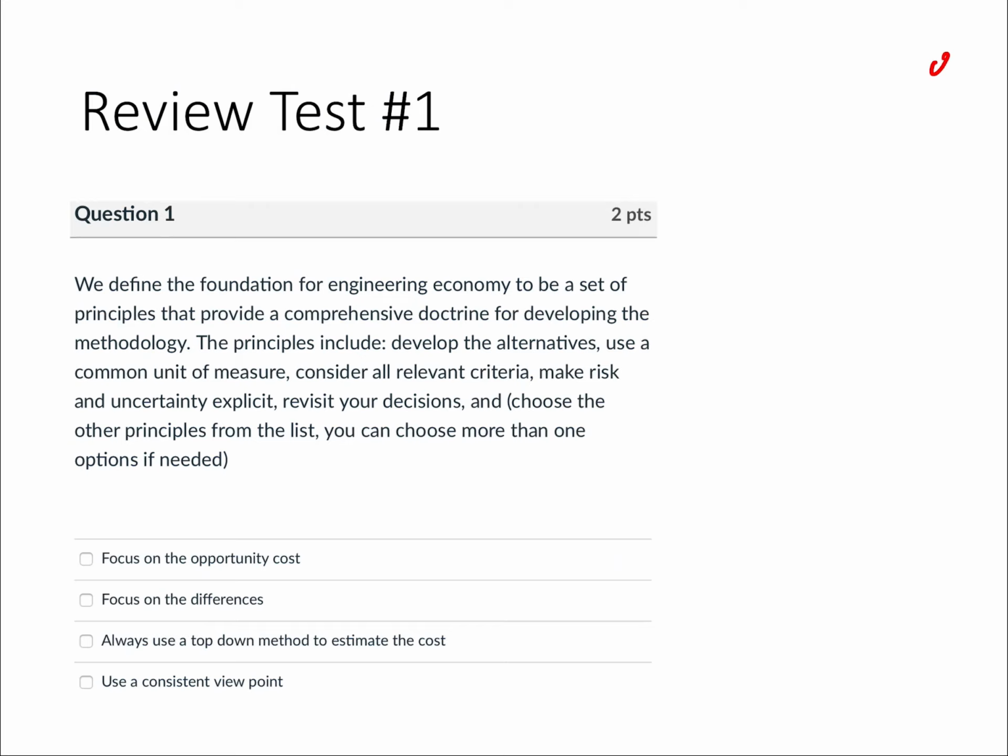So it's talking about the 7 principles. Okay, so we said you at least need to know what the 7 principles for engineering economy are. And here I listed several of them: develop the alternatives, use a common unit of measure, consider all relevant criteria, make risk and uncertainty explicit, revisit your decisions, and what.